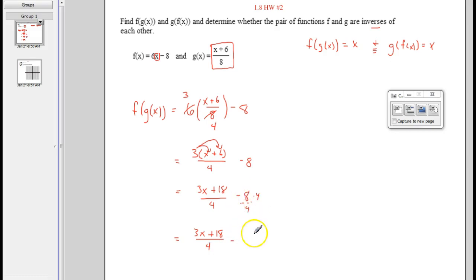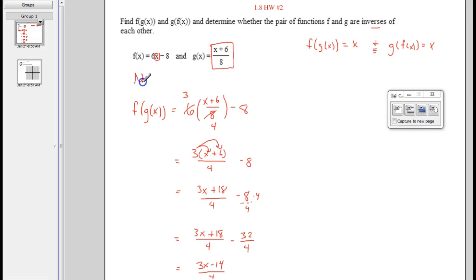So that'll be a 32 on the top over a 4. Alright, and then positive 18 minus 32 is negative 14. So we end up with 3x minus 14 over 4. Okay, and that's not equal to x. So these are not inverses of each other.